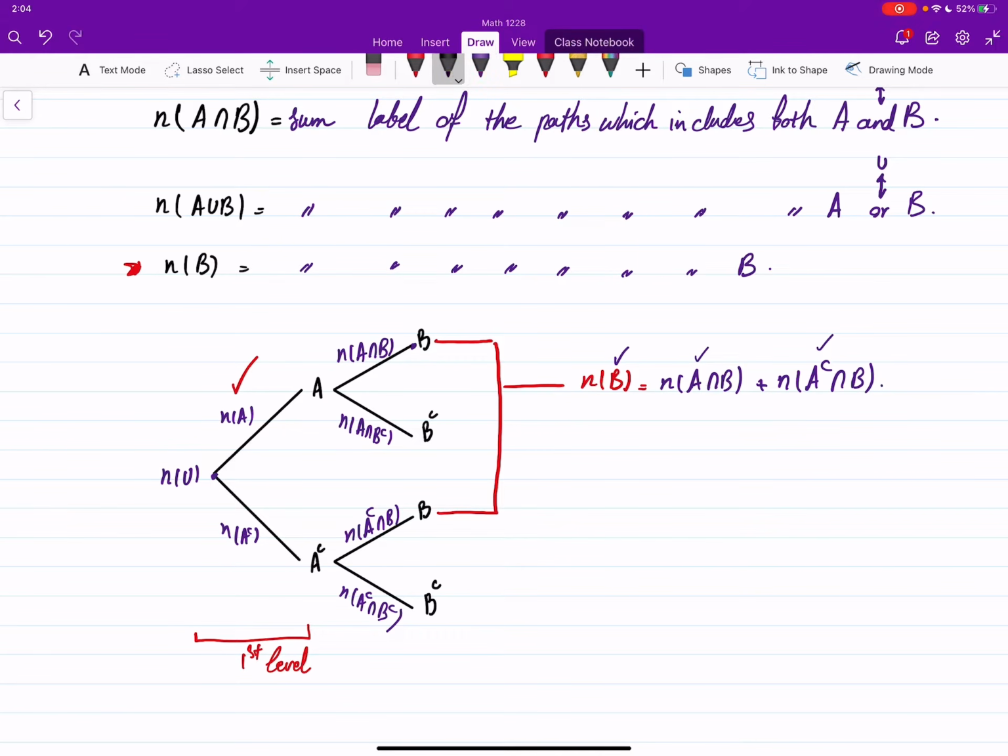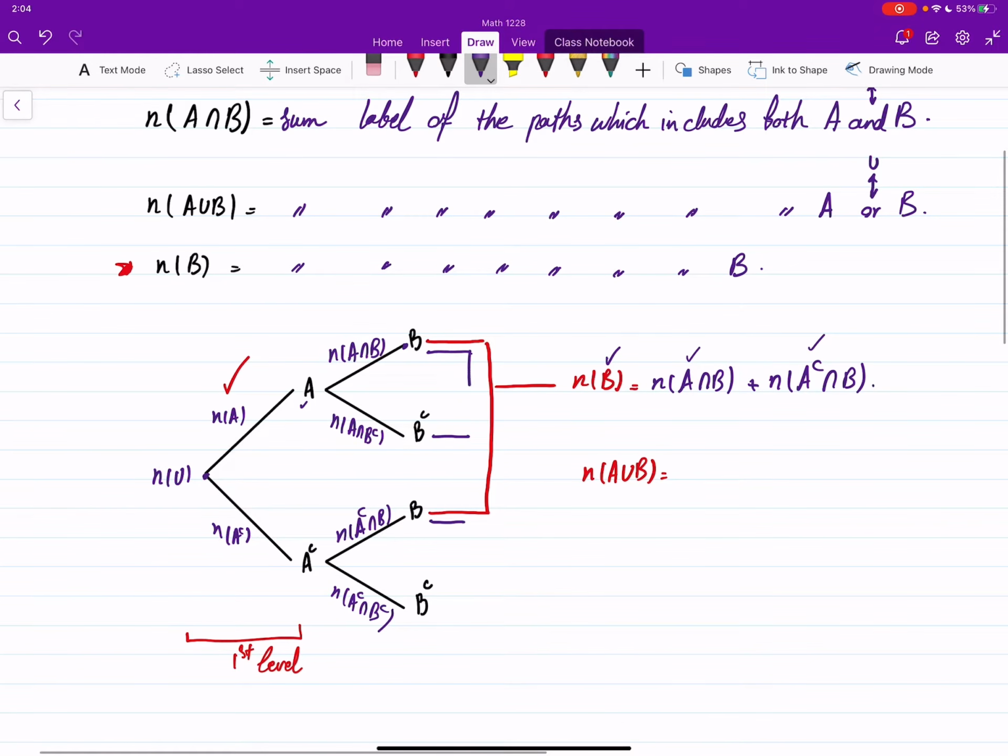How about n of A union B? In this case, you go and find all the paths which include either A or B or both of them. So A or B. Okay, so here, this one has both of them. This one has A, see? And this one has B. So you add all these three, and that is n of the union.